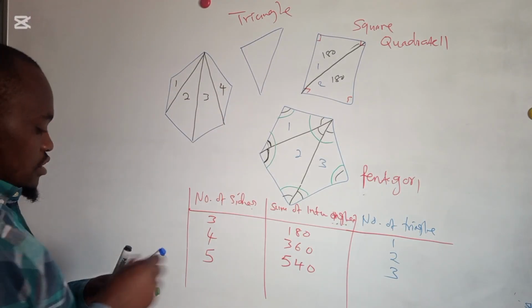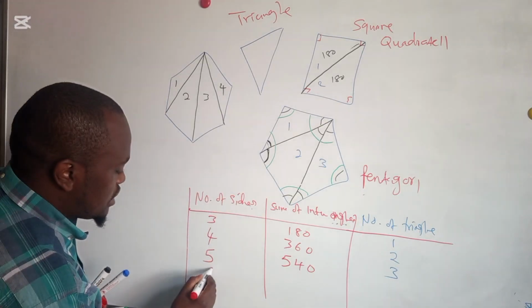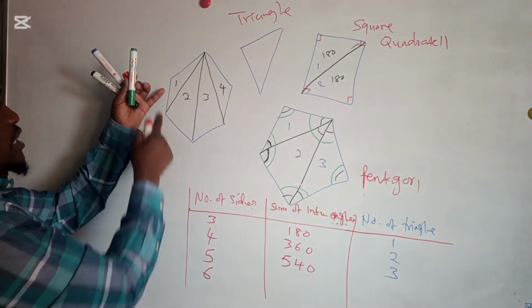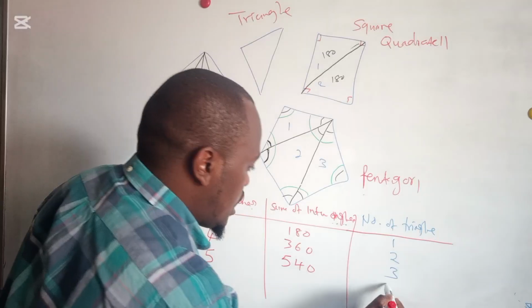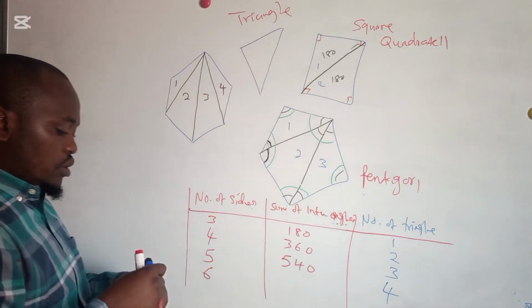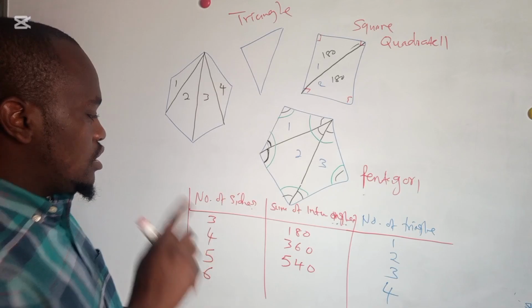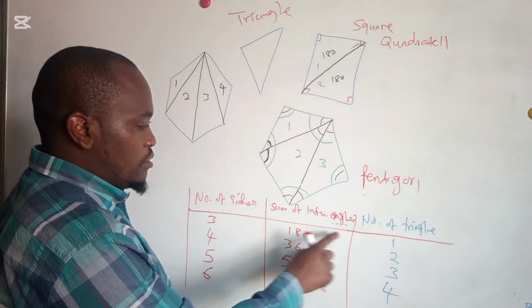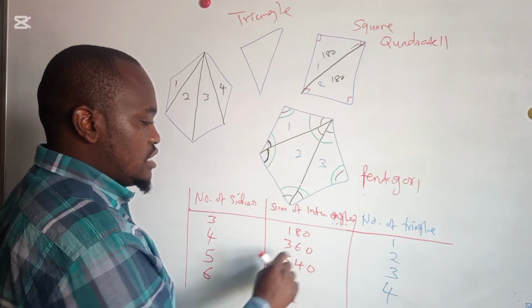So this has 6 sides, 1, 2, 3, 4, 5, 6. But how many triangles are inside? You have 4 triangles here. So we want to derive the sum of interior angles. What we have noted here is the sum of interior angles is 180 and this is 360.